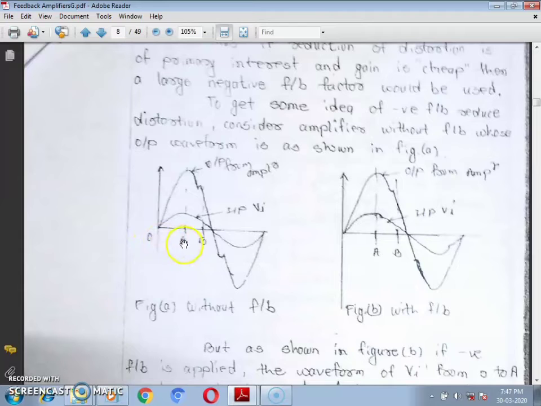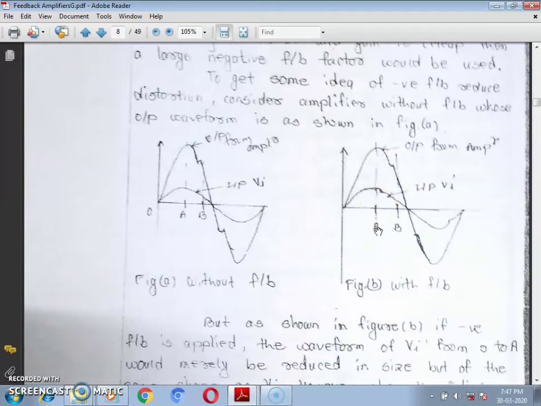If you concentrate on the interval 0 to A, as the input is a sine wave, the output is also amplified. Similarly for the case with feedback. But for interval A to B, as the input has a notch, that is also amplified in the basic amplifier, which creates a deep dip. Whereas with feedback, where there is a notch, this amplifier has a smaller dip.